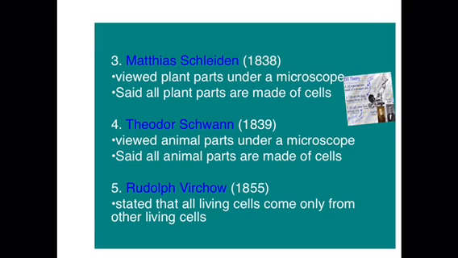Now, this stuff is all so obvious to you, like, duh, I did this when I was in 6th grade. But you know what? Some scientists had to do this first. So a lot of stuff that we know and that seems so blatantly obvious to us was not known until this period of time. Look at this, the 1830s. That's not that long ago. When you think about it historically, the United States already exists in the 1800s. And in fact, a lot of what we learn about in biology this year is discovered in this period around the middle of the 1800s.